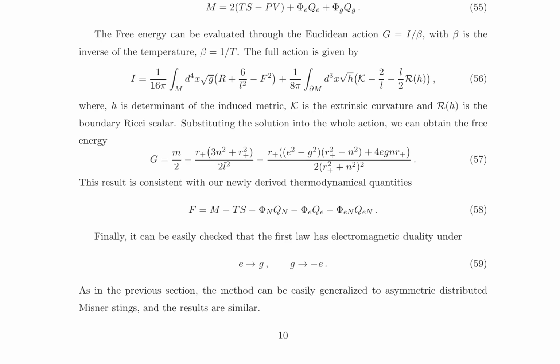This result is consistent with the newly derived thermodynamic quantities, F equals M minus TS minus phi_n Q_n minus phi_e Q_e minus phi_en Q_en. The first law exhibits electromagnetic duality under E goes to G, G goes to E. The method can be easily generalized to asymmetrically distributed Misner strings, yielding similar results.